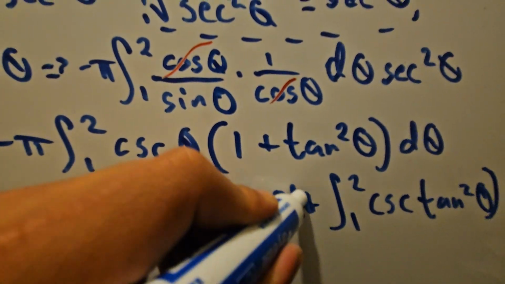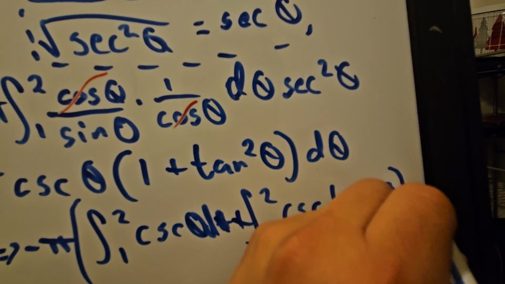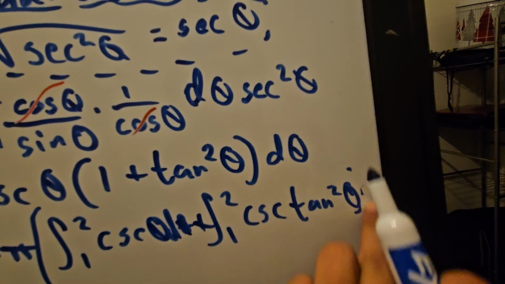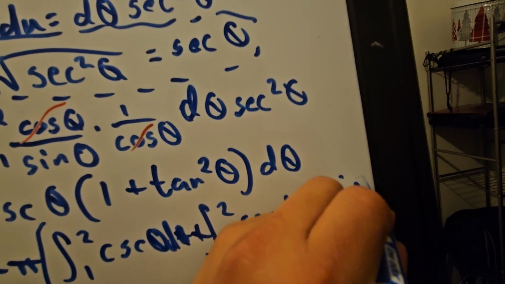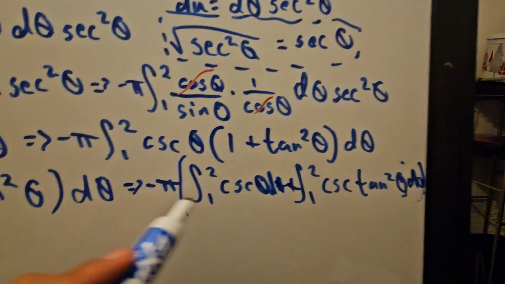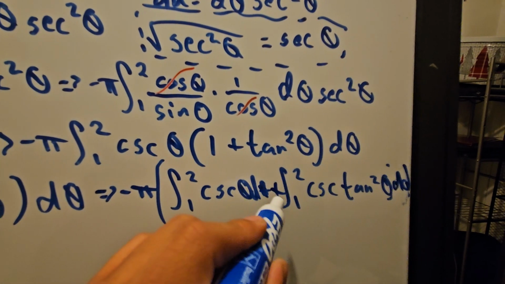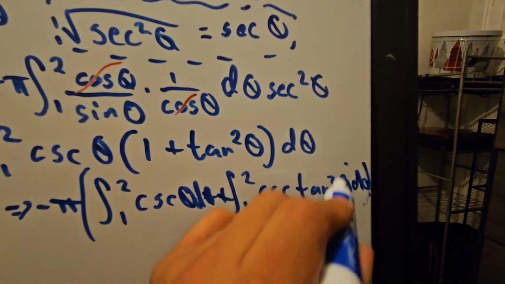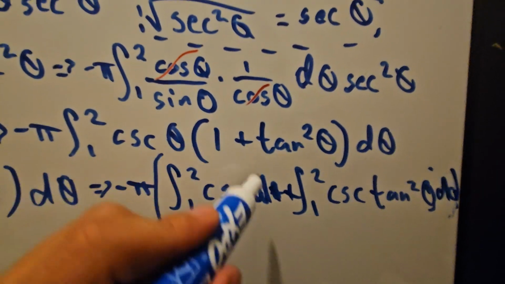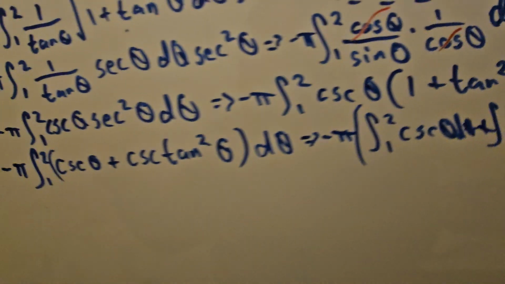That looks pretty bad, so I'm just going to read it to you. Negative pi parentheses, integral from 1 to 2 cosecant d theta plus 1 to 2 cosecant tan squared theta d theta, close parentheses. So basically we're just distributing the pi all over. So this gives us two integrals. So let's go ahead and solve these two integrals.